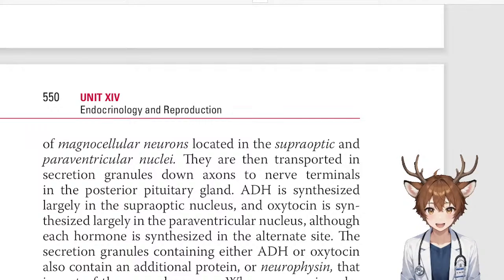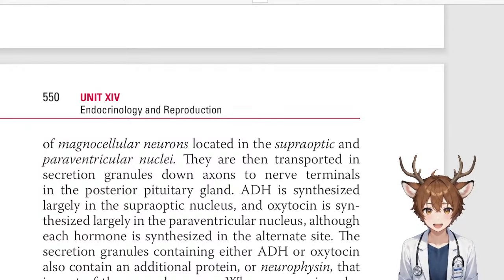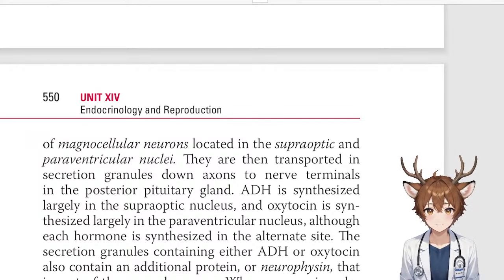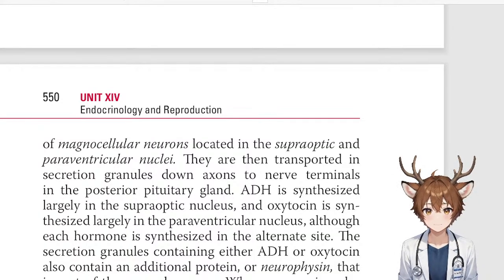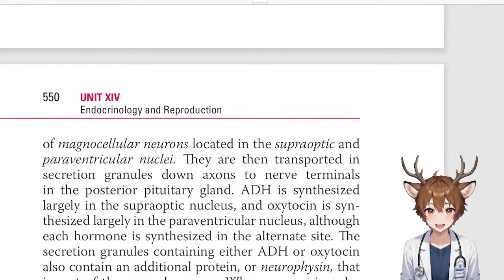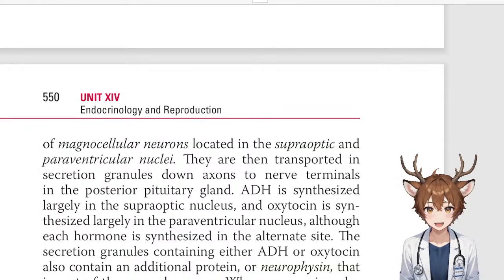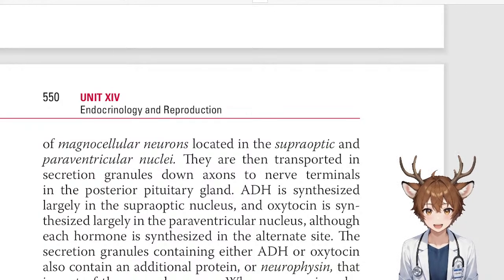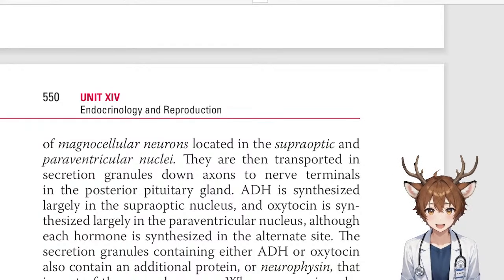And there's not a perfect mnemonic for that. You just have to remember that ADH, supraoptic, oxytocin, paraventricular. I always remember it as SAPO, or however you want to say it, but it's not a real word.